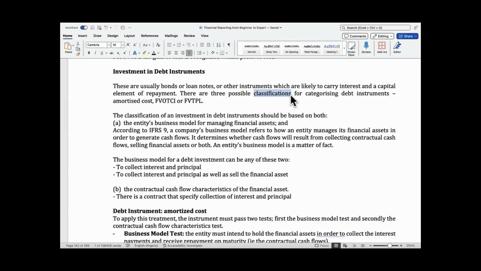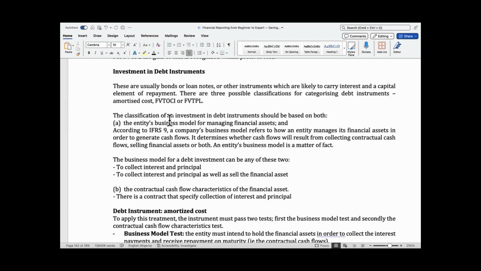And ultimately, your reason would determine the classification. And to fast forward knowledge, there are three classifications: amortized cost, fair value through OCI, and fair value through P&L. Those are the three classifications that we have.